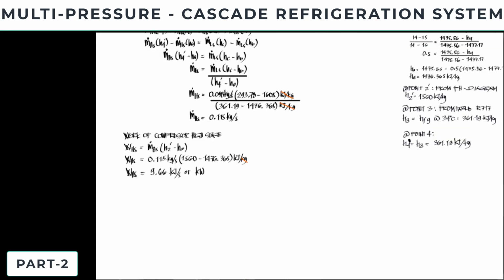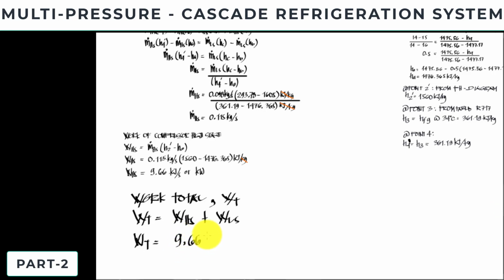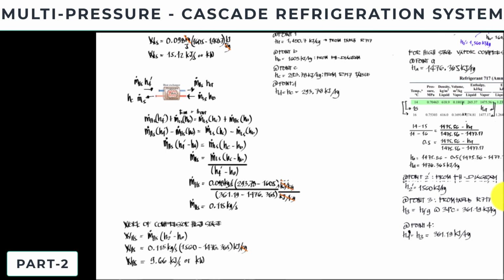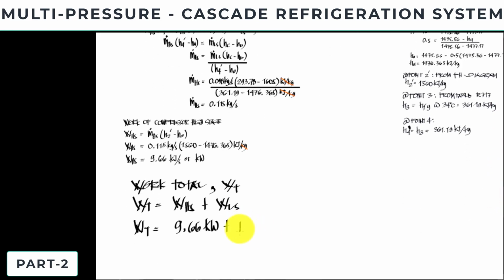So, let's combine all the work. So that will be the work total is equal to the work of the high stage plus work of my low stage. So for my high stage, that is 9.66, that will be kilowatt, plus low stage, let me check that one. So low stage, that is 15.12, no? This is also in kilowatts.